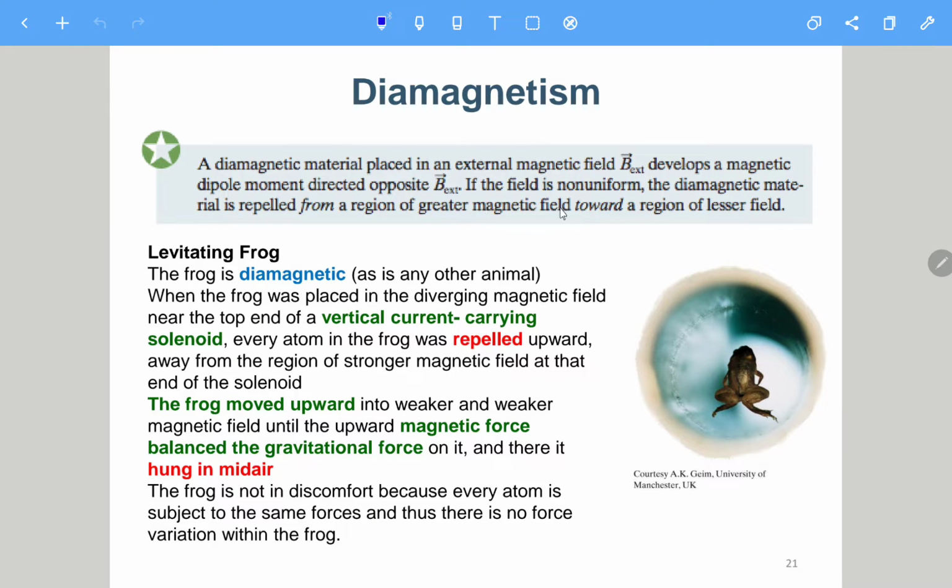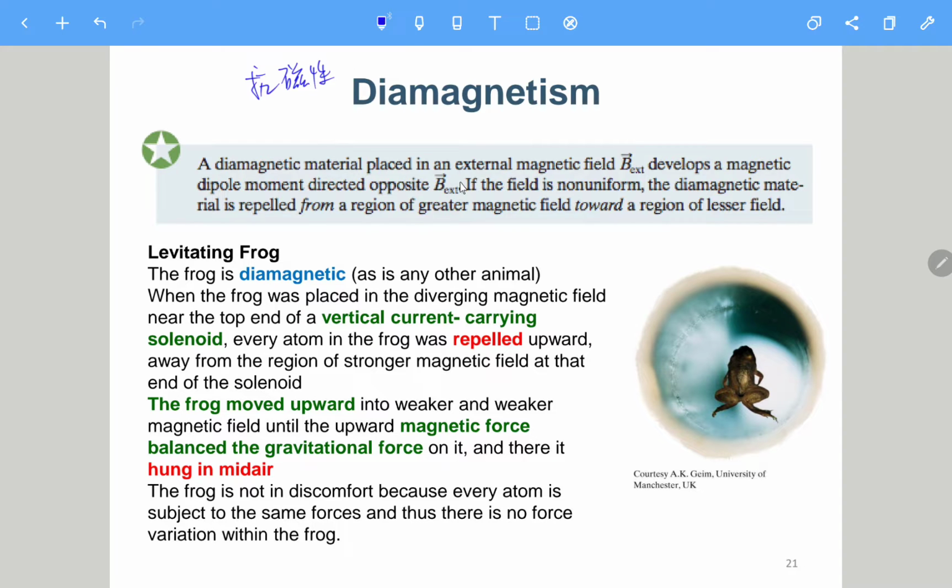It looks so complicated, but actually, diamagnetism in Chinese is called 抗磁性. So if you know Chinese, the Chinese name may be easier to understand.